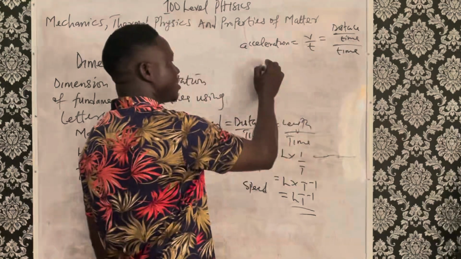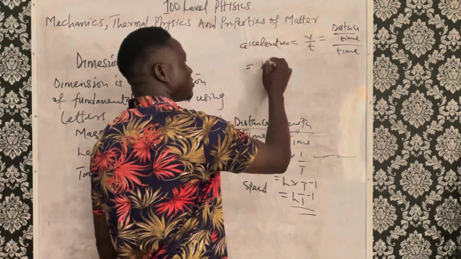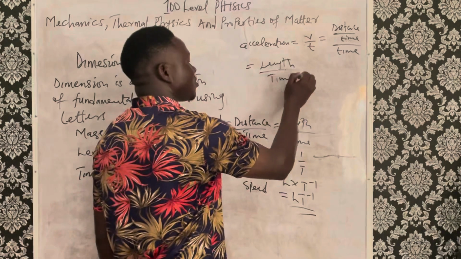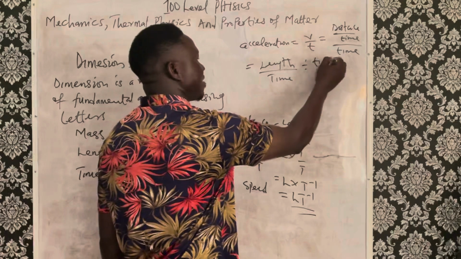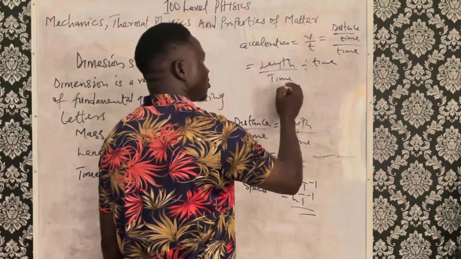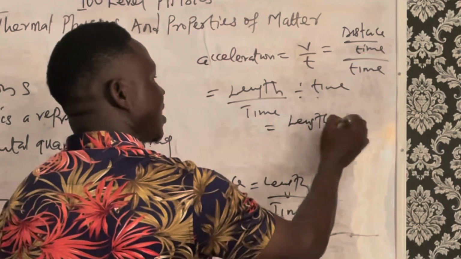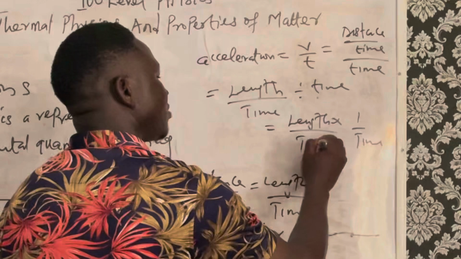Distance is the same thing as length over time. So if I change what is there, it should give me length times 1 over time over time.